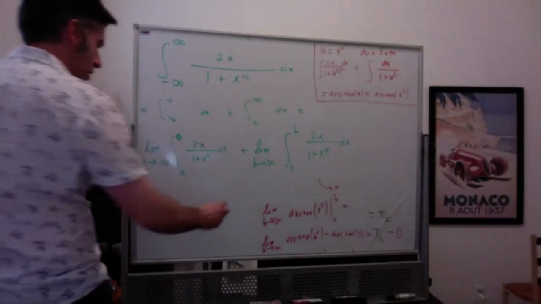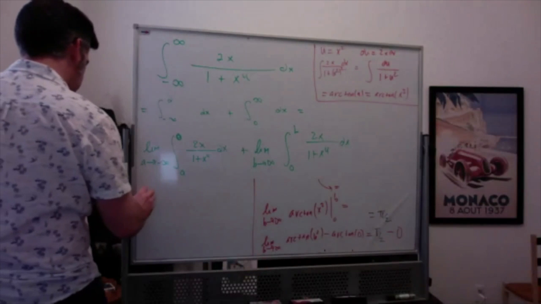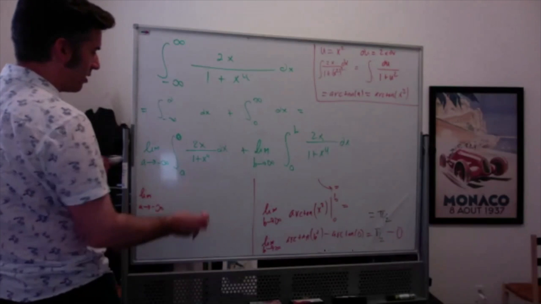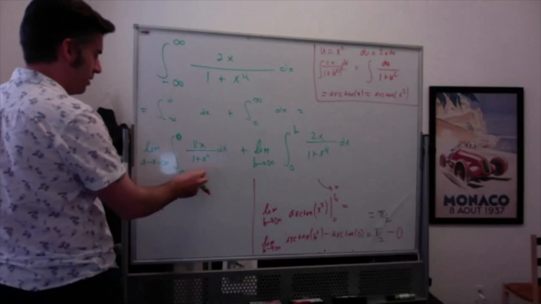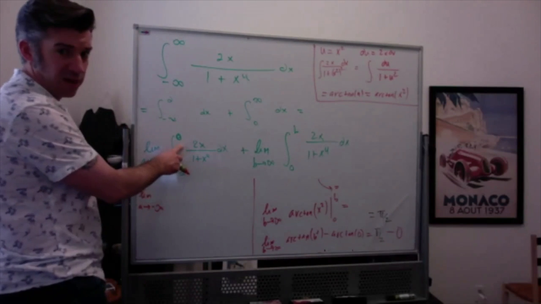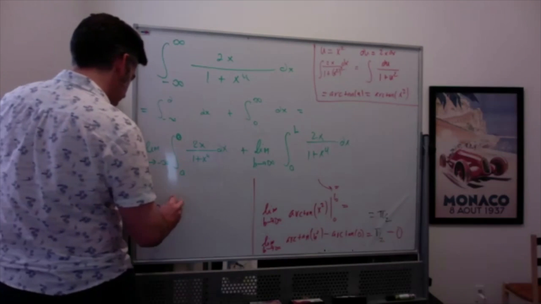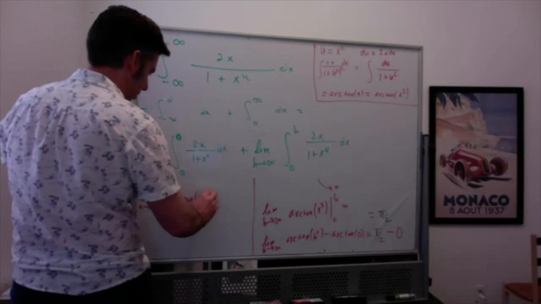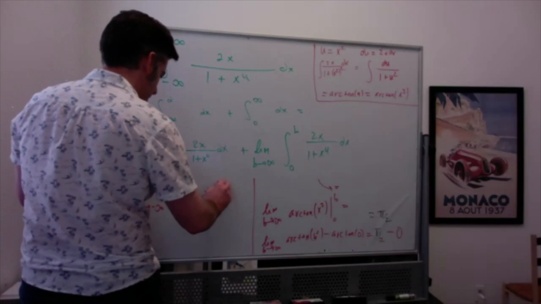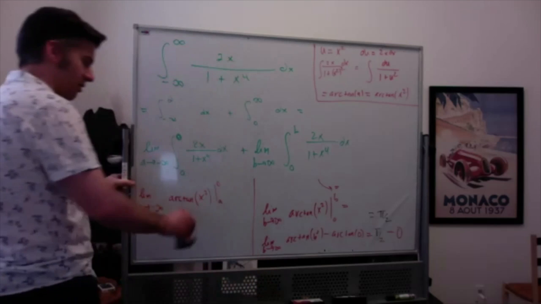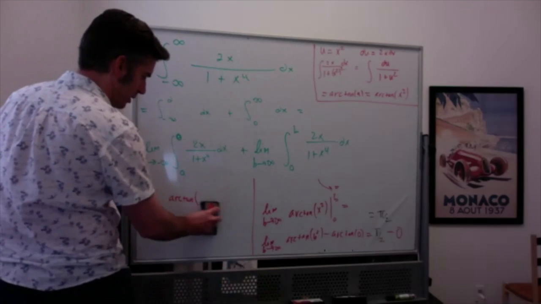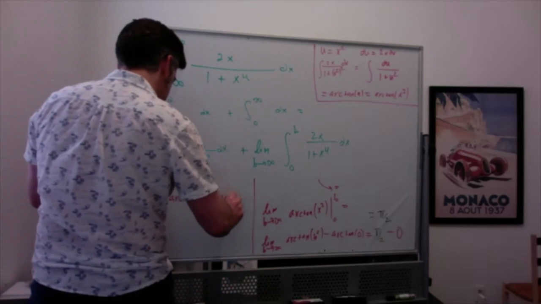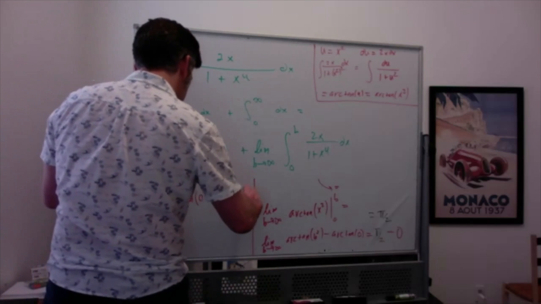All right, so I'm going to do the limit as a goes to minus infinity. Instead of writing arctangent of x squared from a to 0, I could just plug in 0 first and a second. What I want to do is plug in 0 and then subtract and plug in a. So I'm going to write arctangent of 0 squared minus arctangent of a squared.